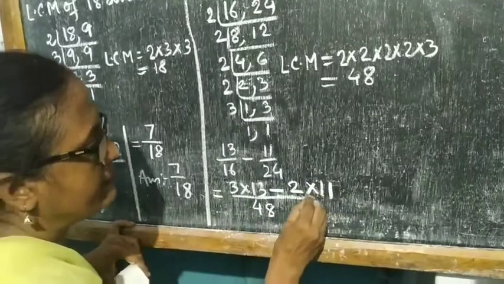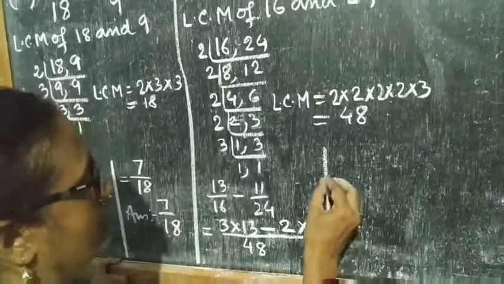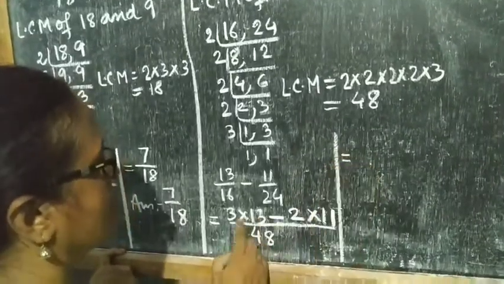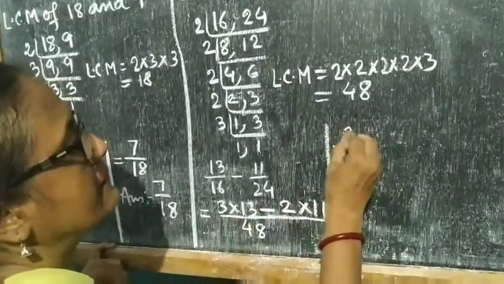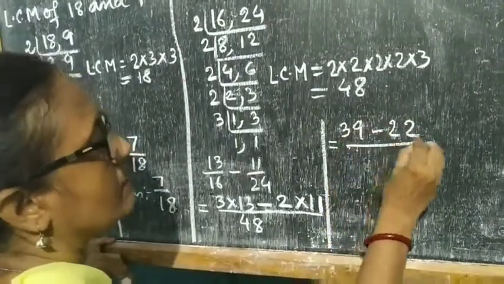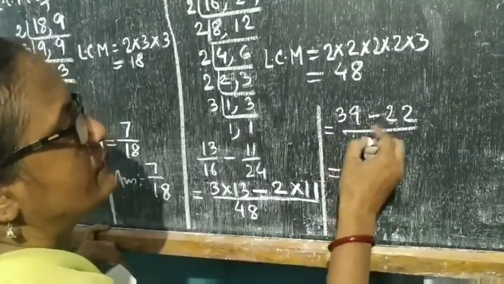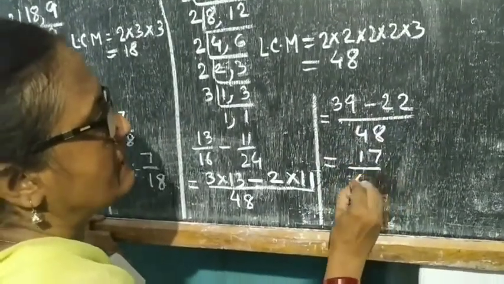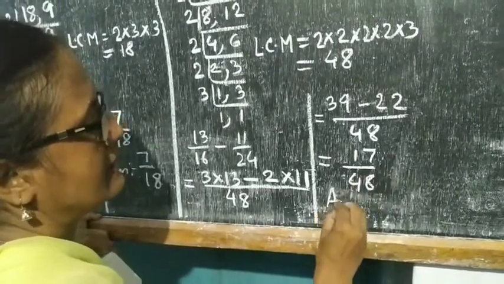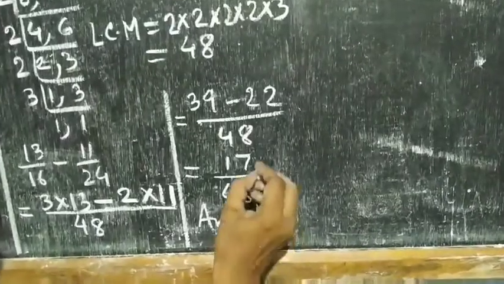So it will be 11. So 3 into 13, 39, minus 22, by 48. So 9 minus 2, 7, and 3 minus 2, 1. So 17 by 48. So answer, 17 by 48.